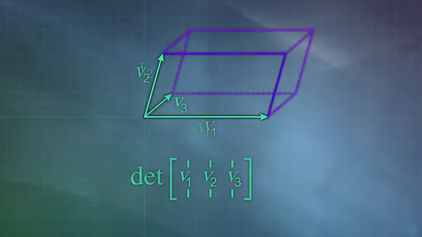Otherwise, it's negative. In 3 dimensions, you use the right-hand rule on v1 and v2 and compare that to the direction of v3. If they're in the same general direction, positive dot product, then the sign of the volume is positive, else it's negative.